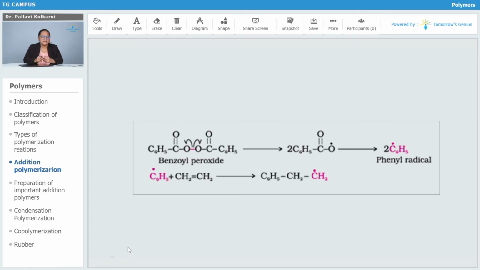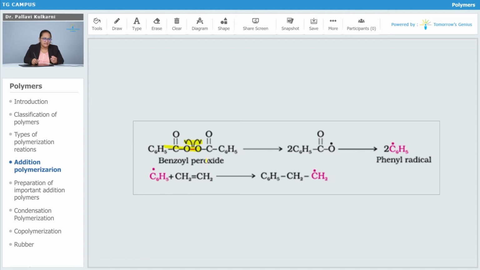We can see the first step in detail with the mechanism here. This is the structure of benzoyl peroxide. In a peroxide, there is always a peroxo linkage. Peroxo linkage is the linkage between oxygen and oxygen by a single bond. The reaction involved in this first step is homolysis, or homolytic cleavage.